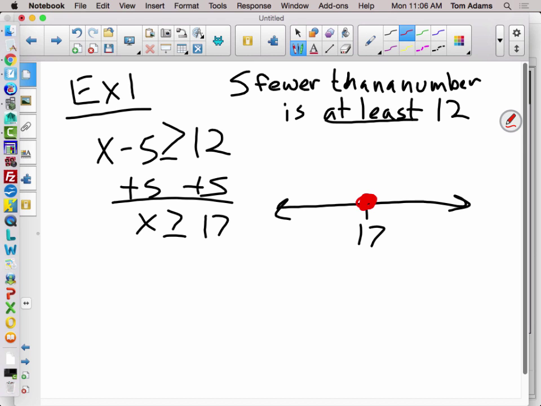This is an easy problem, so there's no confusion, but I want to use this example to show you a trick that I use. X is a number that's supposed to be greater than 17. Think of a number greater than 17. 23. 23 is over here somewhere. So this is the direction that we would go.